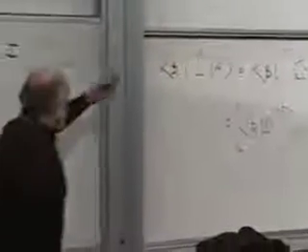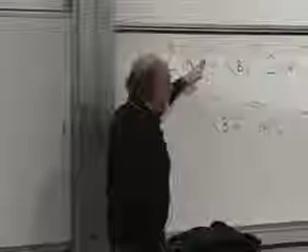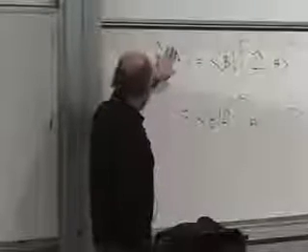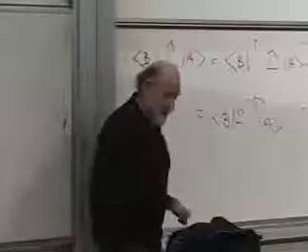It doesn't matter whether we think of L hat acting on A and then inner product with B, or L hat acting on B and then inner product with A.